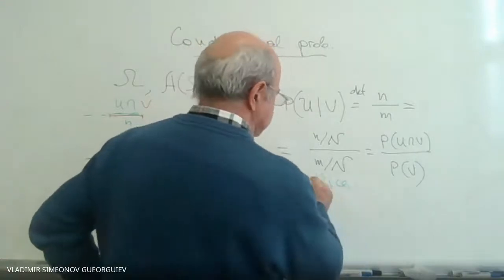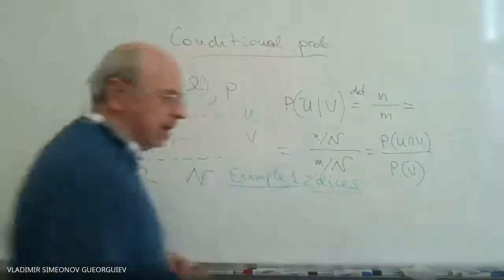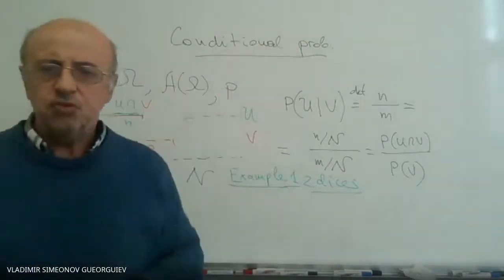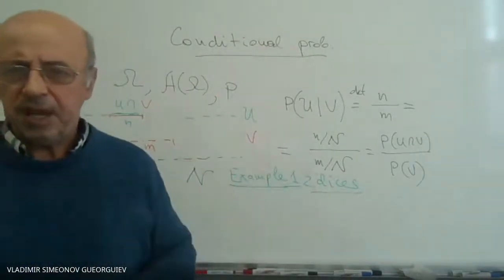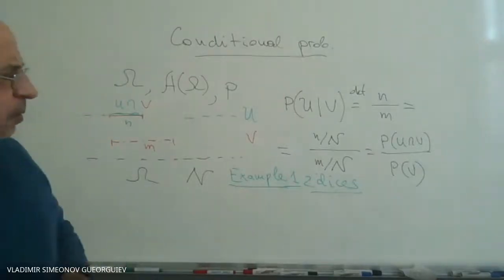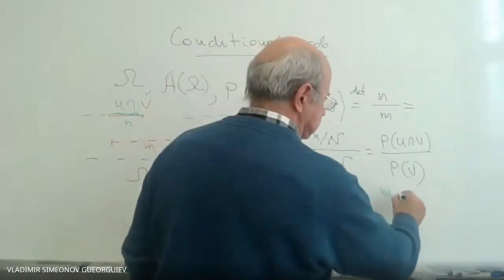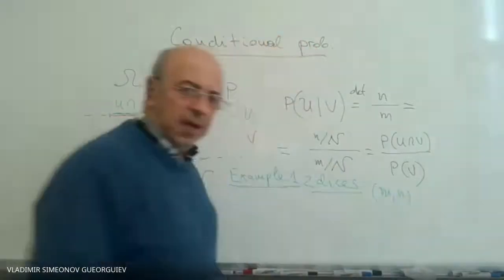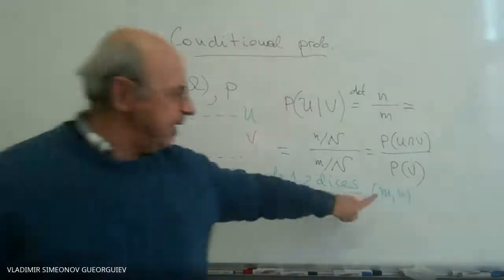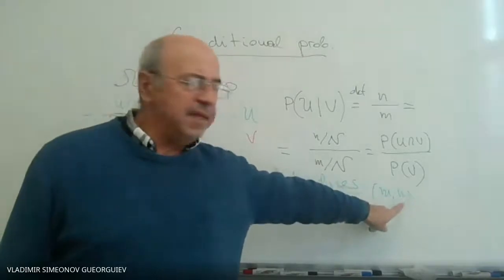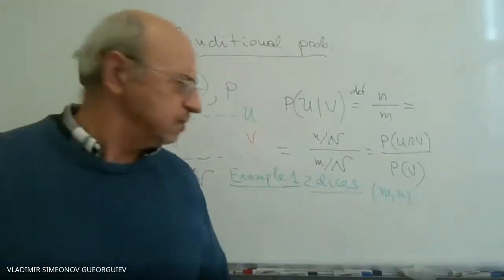We have two dice, and we draw these dice two times. We know that all exits can be measured as a couple, mn, where m is between 1 and 6, n is between 1 and 6.